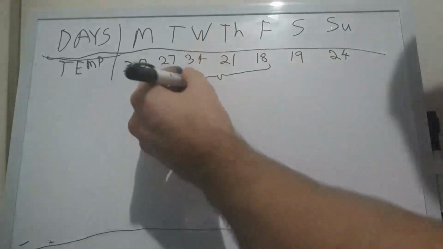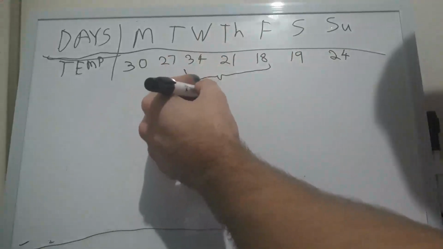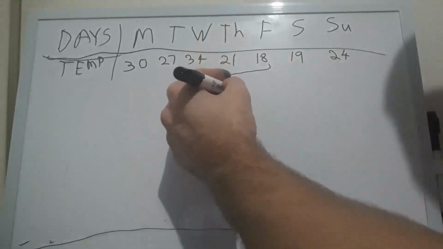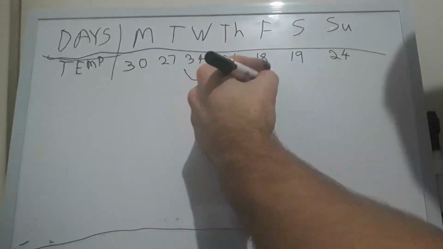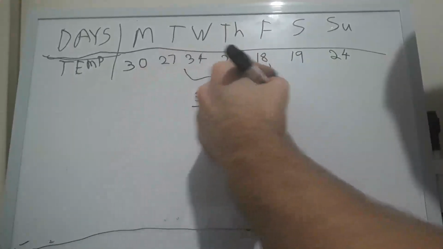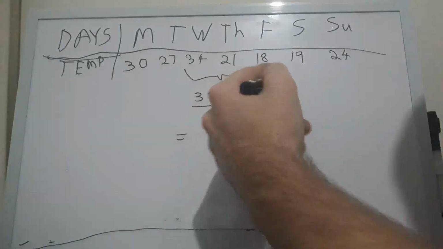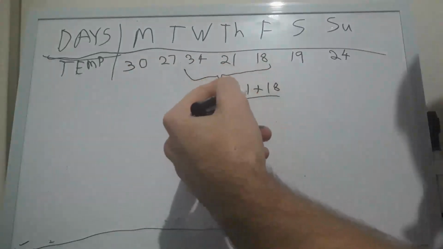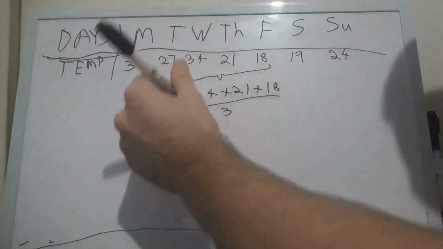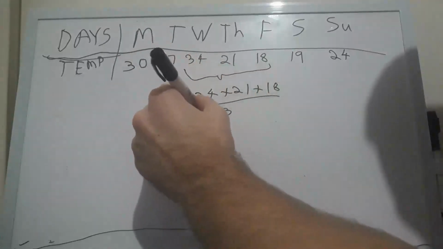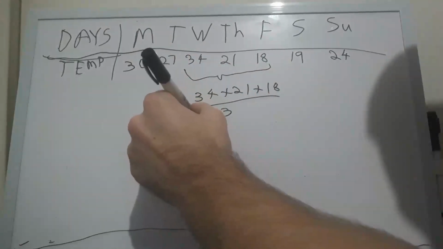What's the 3 mean average for Thursday? We take these points: 34, you do this in a CAS most likely, plus 21 plus 18, divided by 3. So 21, 18, 9, 39, 73 divided by 3.